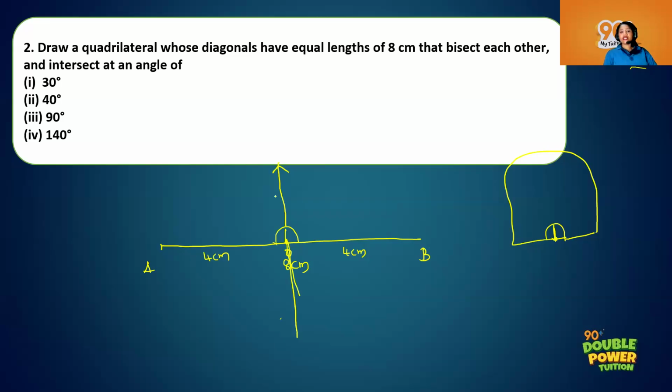Now take 4 centimeter in a compass. Ishan, did you take? Then keep the point leg of your compass here at point O and draw an arc like this. If you draw correctly, it will look similar to this.